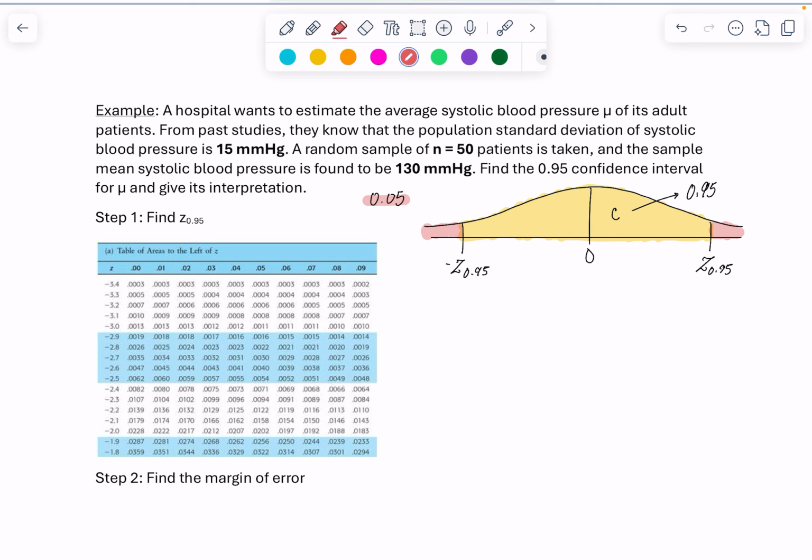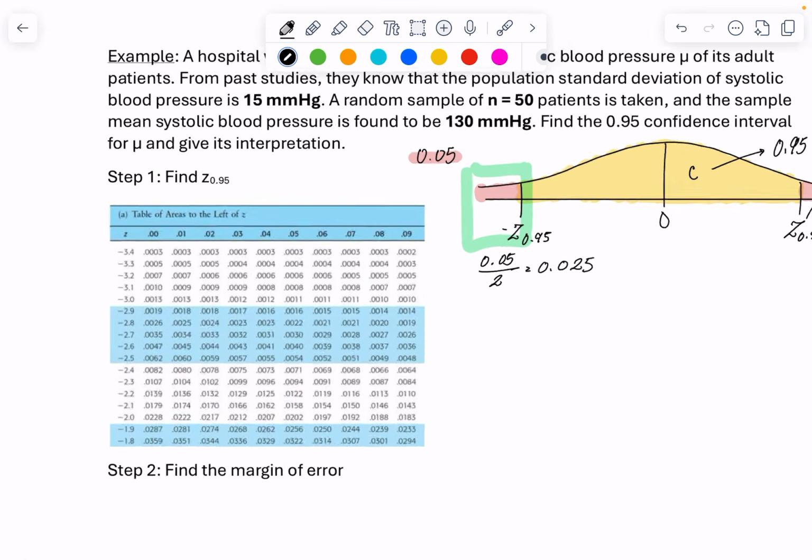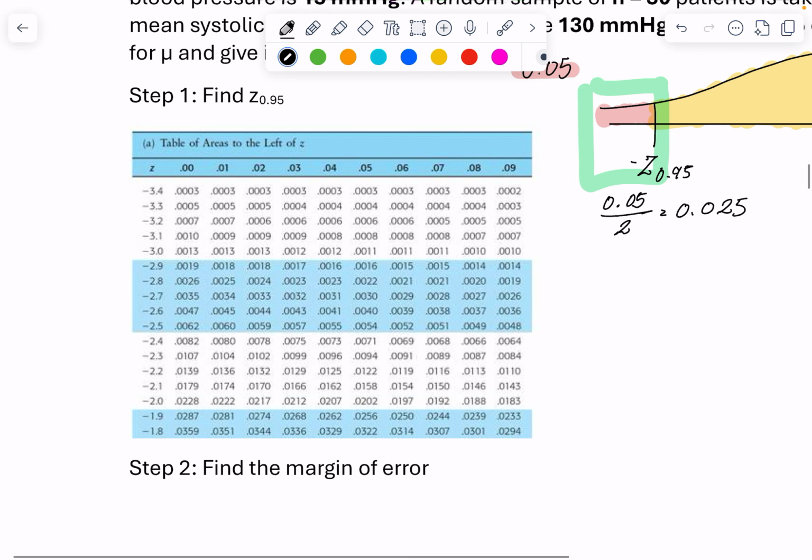Because we have two of them, and we're only going to be considering one side, because the area of the standard curve is based off of the area to the left of a boundary, we're going to divide this area that we found by 2, because we will not be considering our right tail area. This gives us a value of 0.025 for our area underneath the left tail, underneath the left boundary.